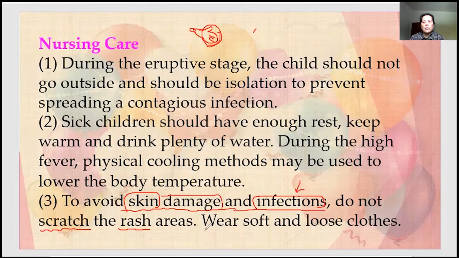And for clothing, use something softer and a little bit bigger or looser. That's basically a kind of protection. So that's for this illness.